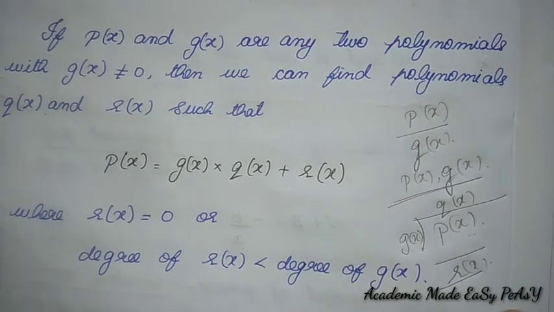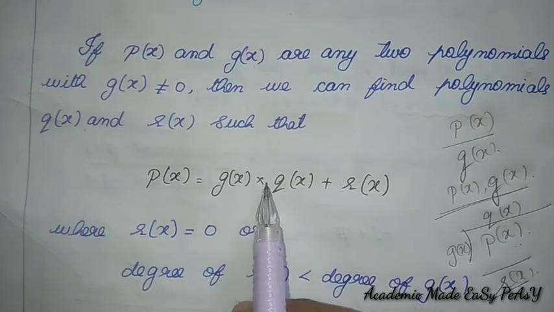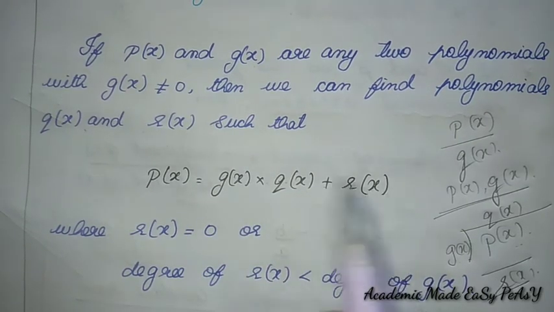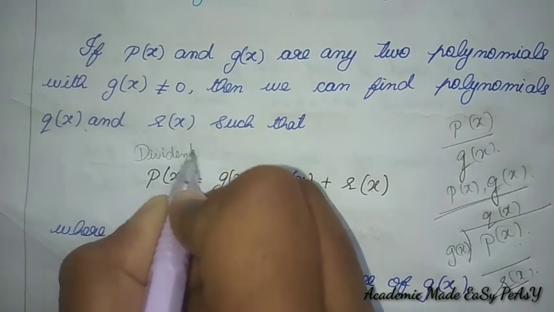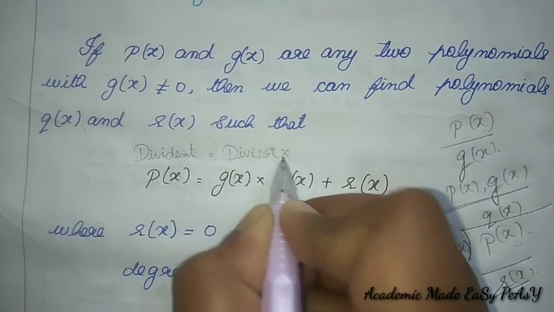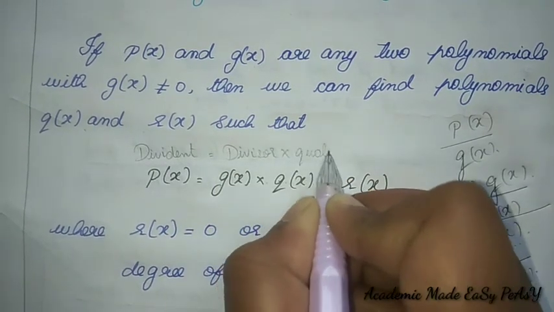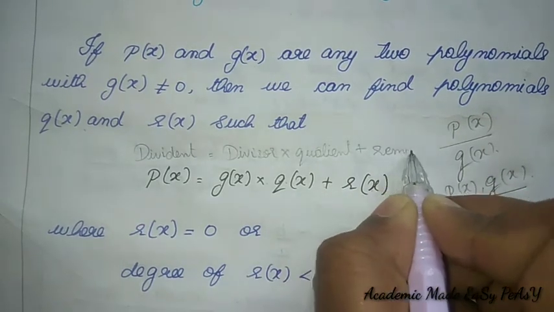So p of x is equal to g of x into q of x plus r of x, that is, dividend is equal to divisor into quotient plus remainder.